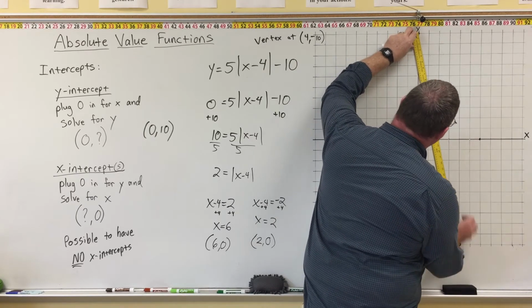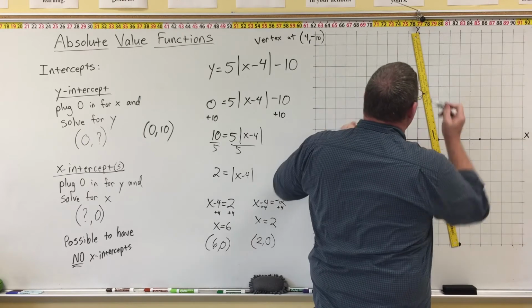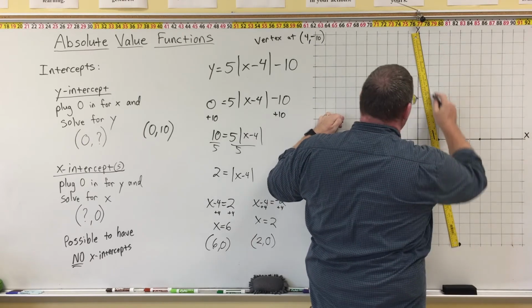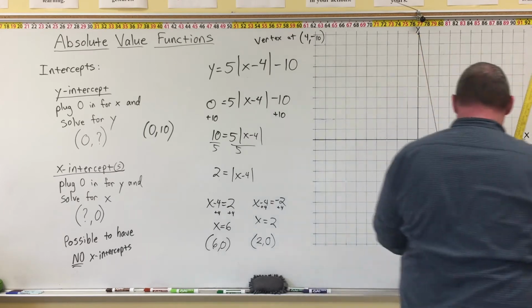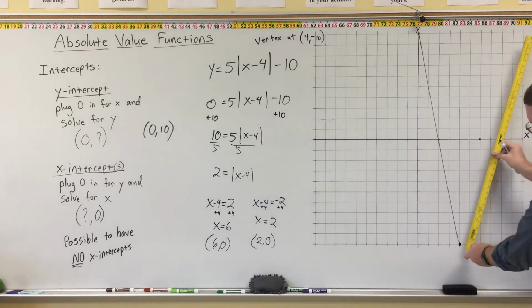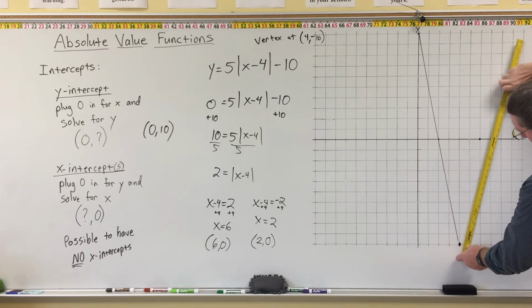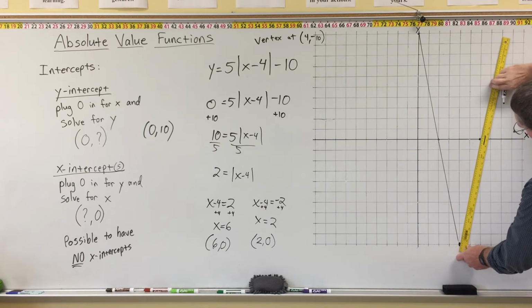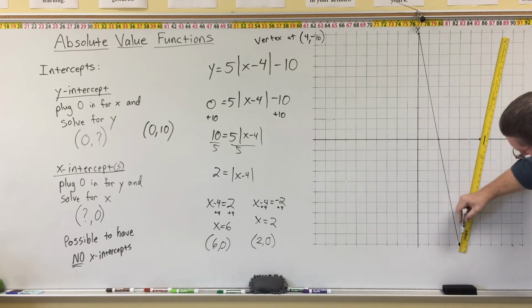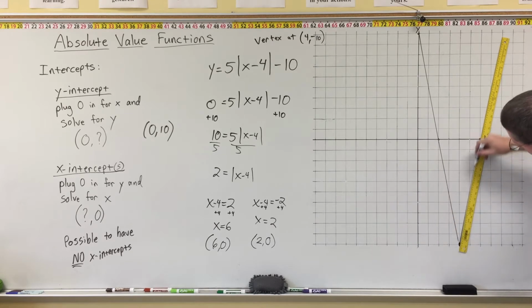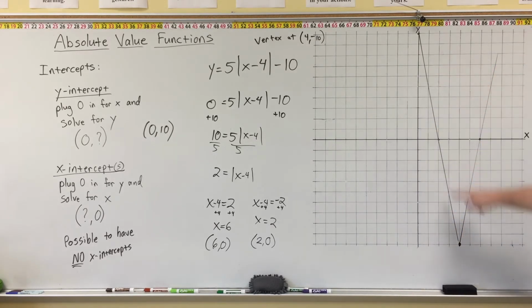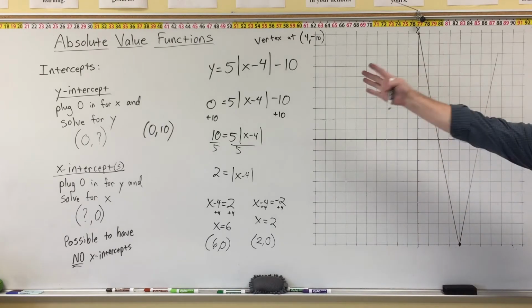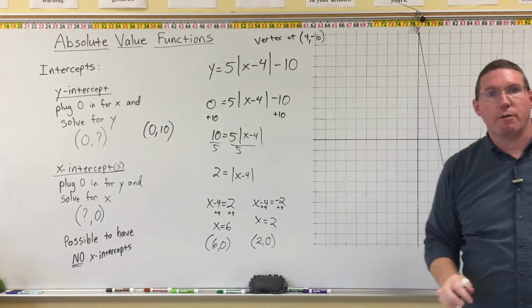And so, if you can imagine, this absolute value function is going to kind of look like this. And then, from this vertex, it's going to go through this x-intercept. And so that's going to look something like this. And what you're seeing now is, do you see this V shape? That is the graph of that absolute value function.